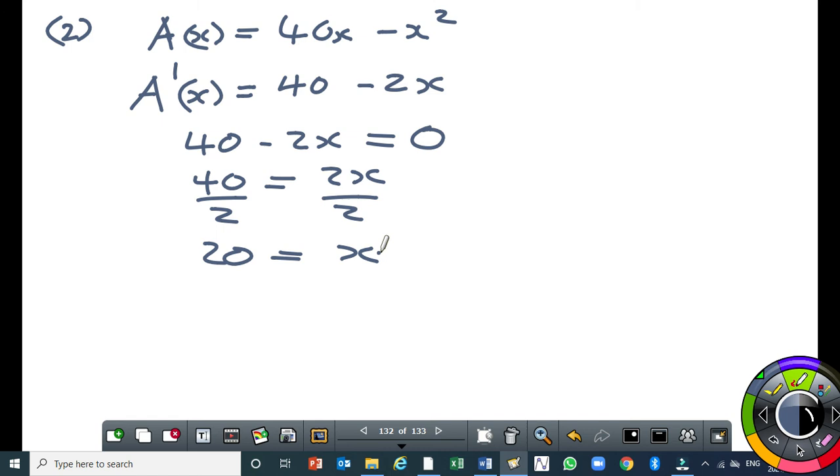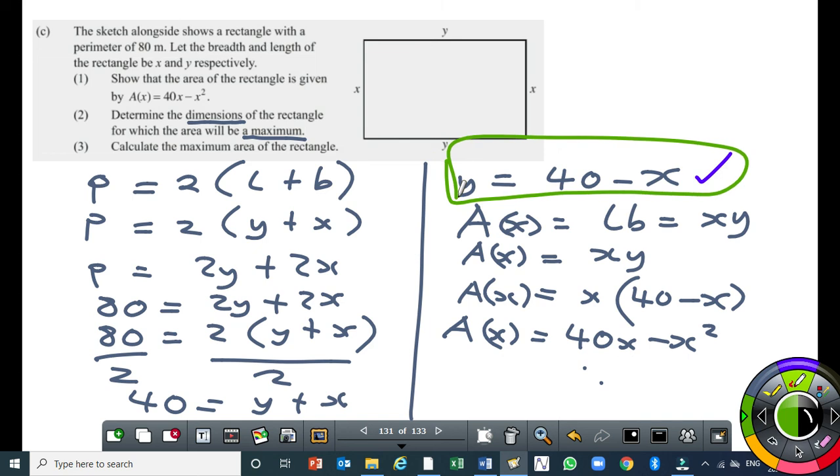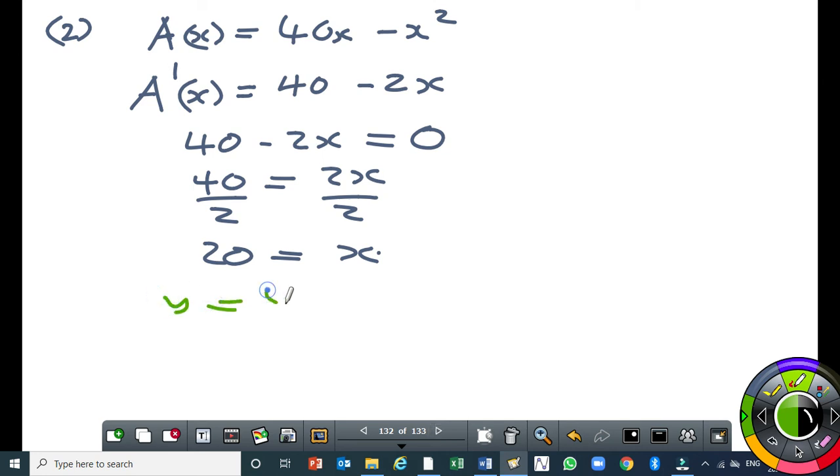So how do you get y? You go back to this equation. You see this equation here? You just substitute into that. So simple. It's not very difficult. Right? So it will be y equal to 40 minus x.